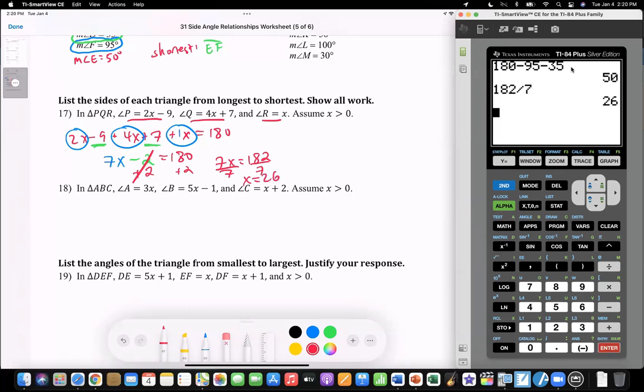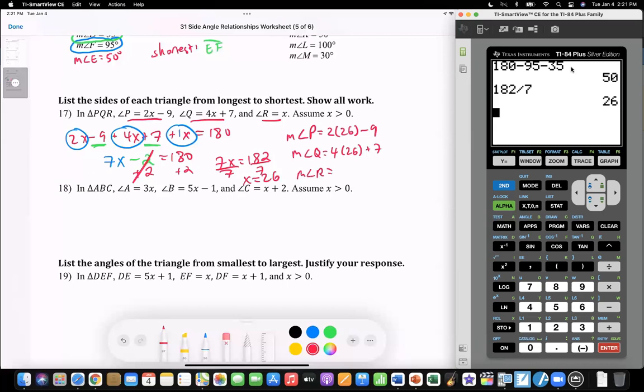Okay, so just solving for X doesn't really help me here because I still don't know what the sides are from longest to shortest. So I need to put the X in, right? So angle P, and I'm going to show the substitution here, well, the measure of angle P. So 2X is 26, so 2X minus 9. Okay, Q is going to be 4x plus 7, so 4 times the x plus 7. And R is easy because R is just x, right?